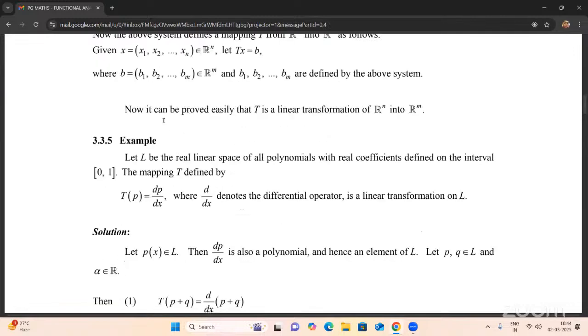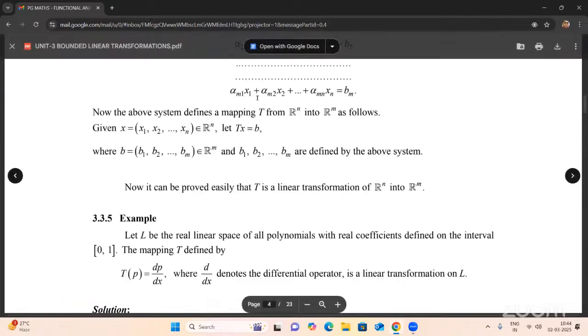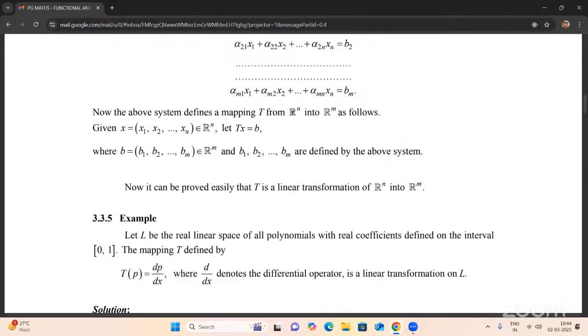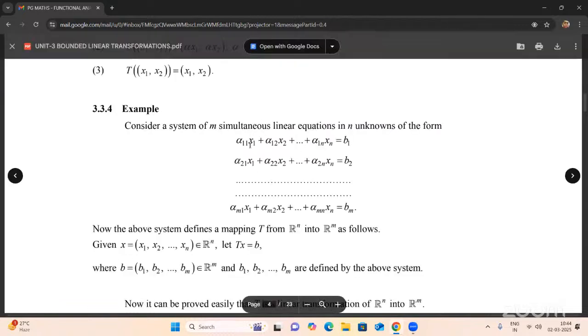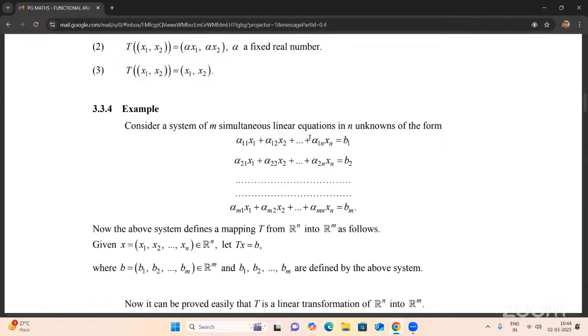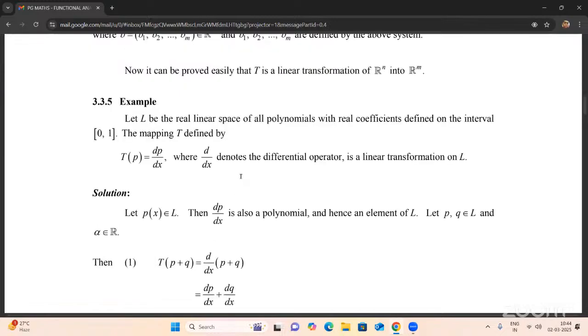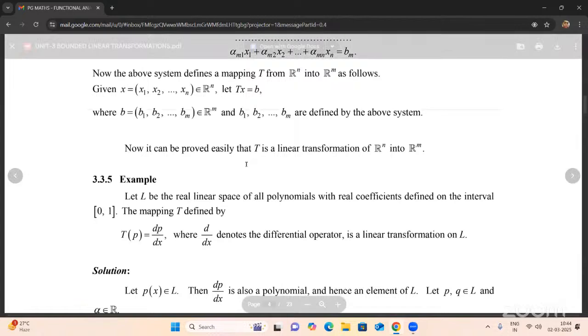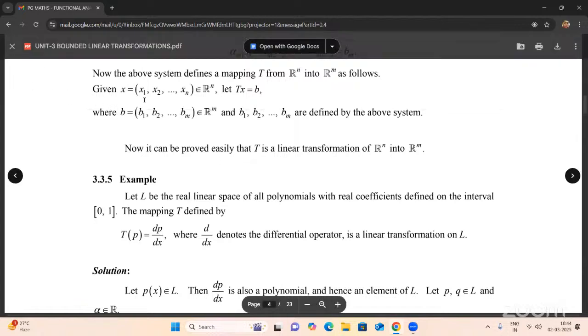Now, from this system we define the mapping from R power n into R power m, because there are n unknowns here. The mapping is T, which maps R power n, consisting of the variables, into R power m, that is the image part, the m-dimensional part.